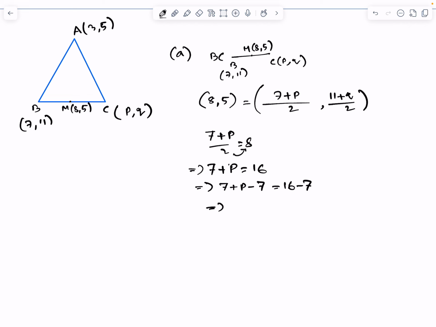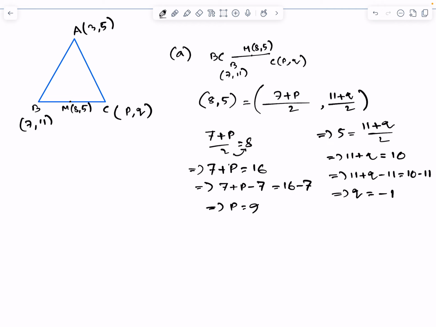Now 16 take away 7 is 9, so P is 9. For the other side, 5 is equal to (11 plus Q) over 2. We get 10 here, and we have to take away 11 from both sides. So 11 plus Q minus 11 is equal to 10 minus 11, so Q is equal to minus 1.